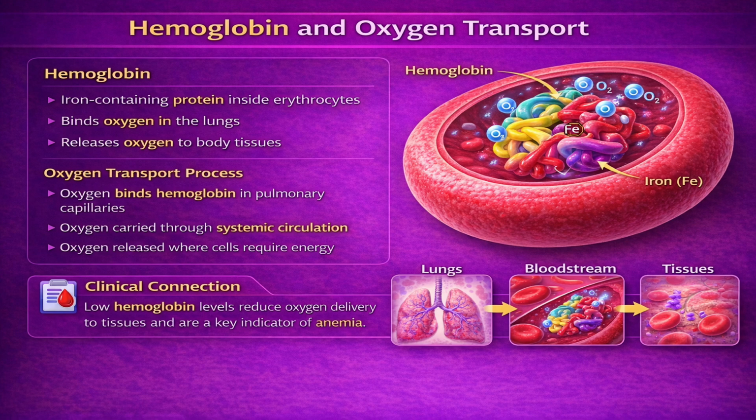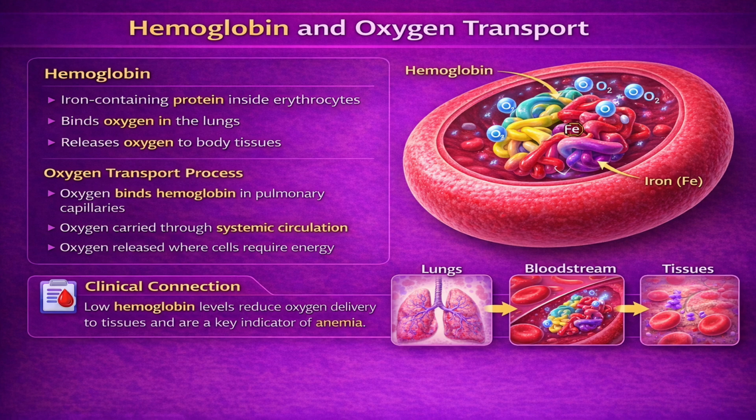The ability of erythrocytes to transport oxygen depends primarily on a specialized protein known as hemoglobin. Hemoglobin is an iron-containing protein located inside red blood cells. Each hemoglobin molecule has the ability to bind oxygen molecules, allowing erythrocytes to carry oxygen efficiently through the bloodstream.